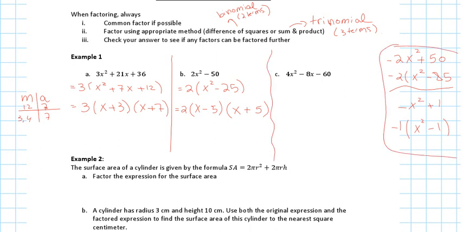What will be your greatest common factor for the next one? 4. And then what do I have left? x squared minus 2x minus 15.